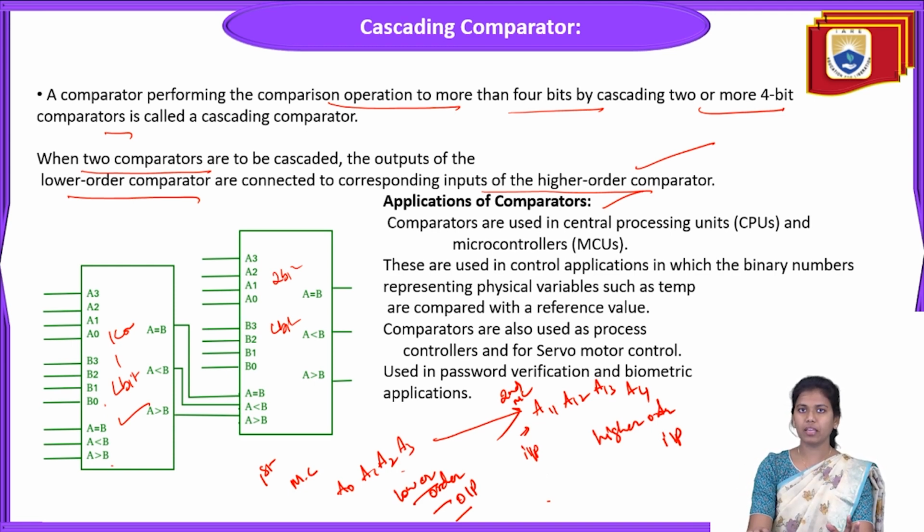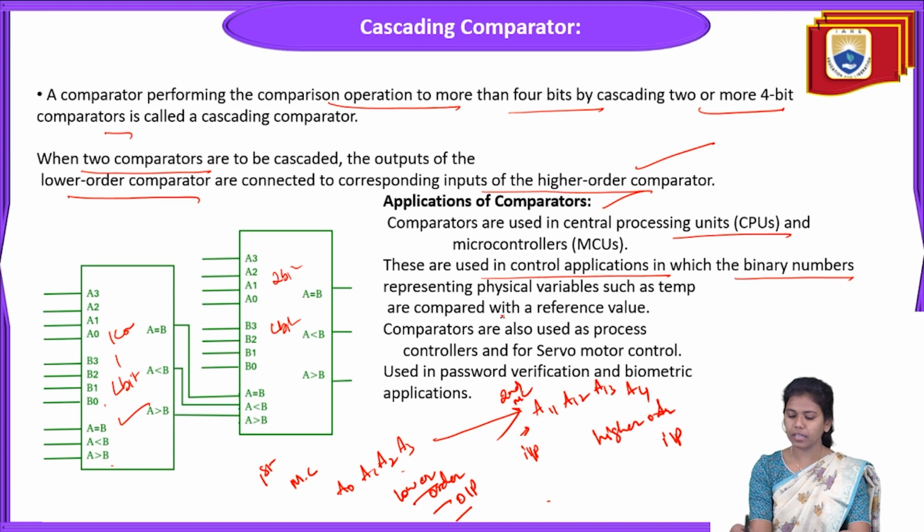Coming to the comparator applications, they go like this. It is used in CPUs, central processing units, and microcontrollers, the different types of microcontrollers that we have. They are also used in control applications in which binary numbers represent physical variables such as temperature, pressure, and so on. To know the exact temperature or the exact value of the pressure, we can implement these magnitude comparators in control applications.